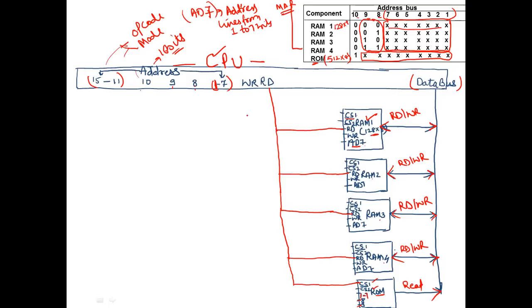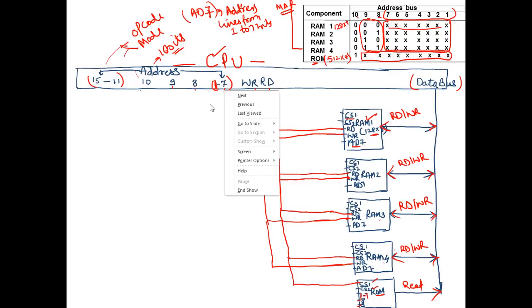Then there is the write line. We can directly attach the write line to all the RAM chips. There is nothing to remember here. We are not performing any write operation in the ROM, so there is no need to connect it to the ROM. Then there come the 1 to 7 lines.